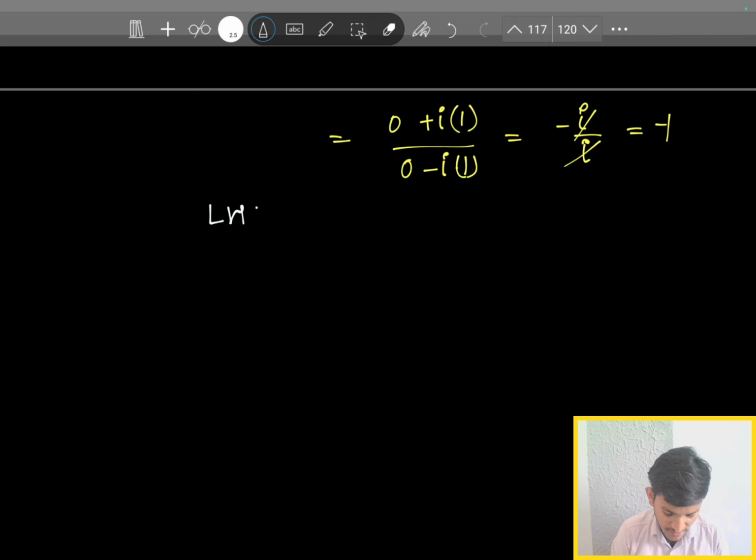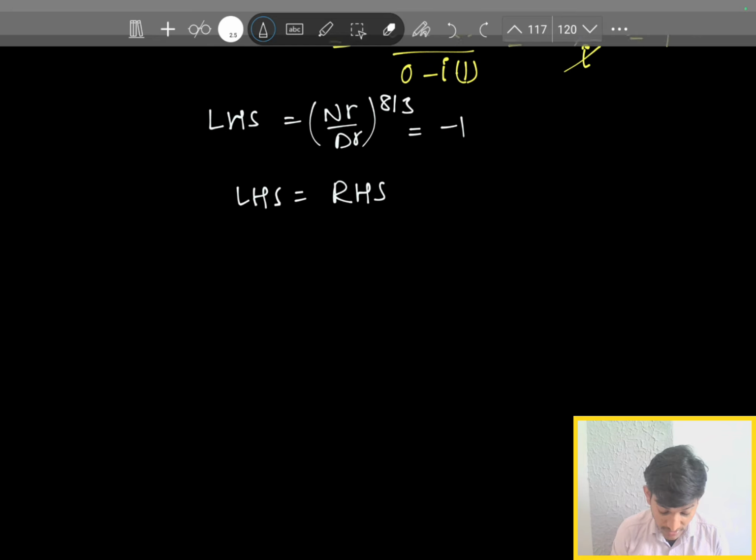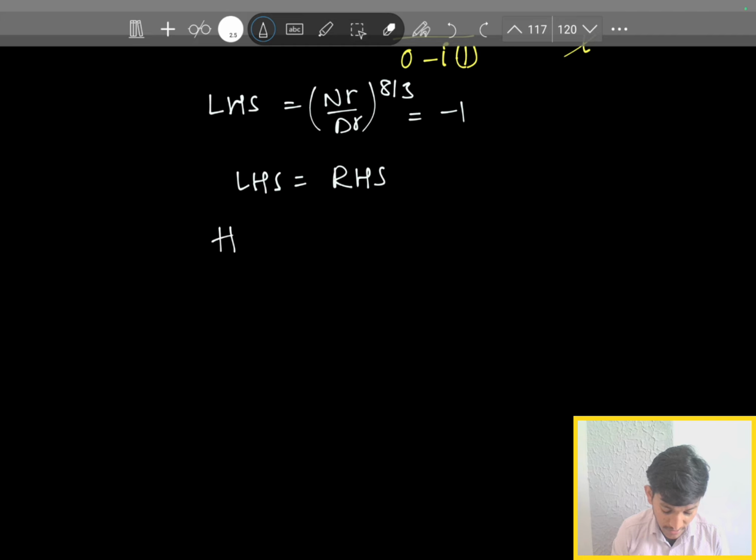So the left hand side, numerator divided by denominator whole power 8 by 3, led to minus 1. That is, left hand side is equal to right hand side, so I can mention the statement has been proved.